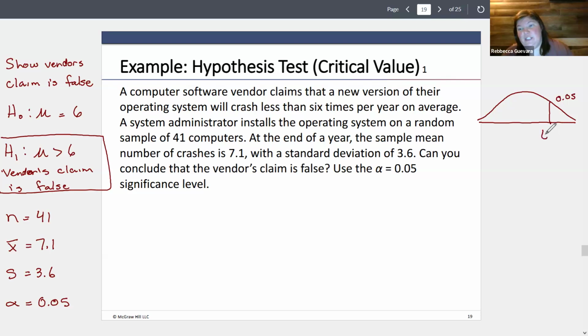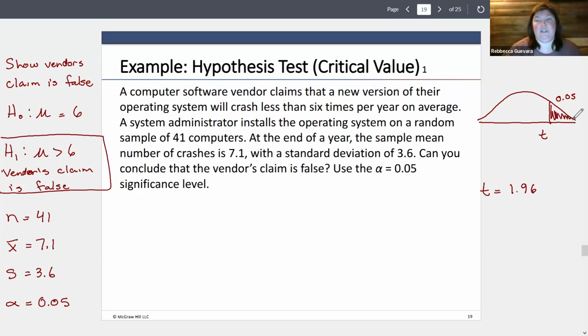This is where 5% is, and we need that t-score. We found this with the table before, so we're going to do it again with the calculator. Our test statistic is going to stay the same as last time, still 1.96. We're just going to see if it's in the critical region now.